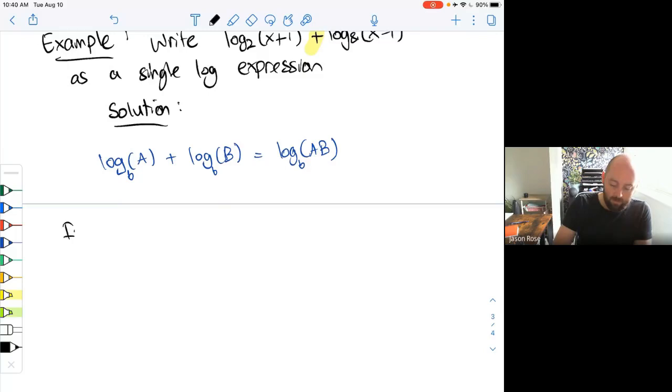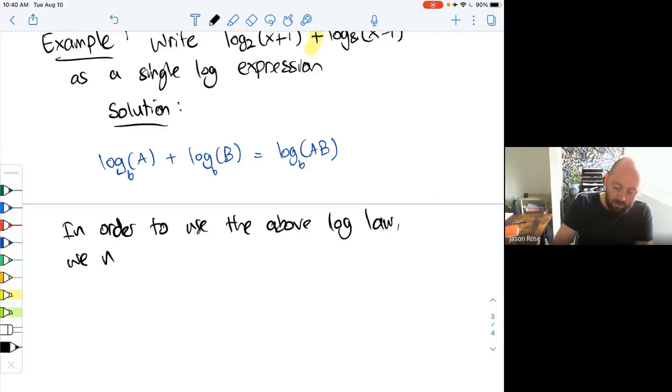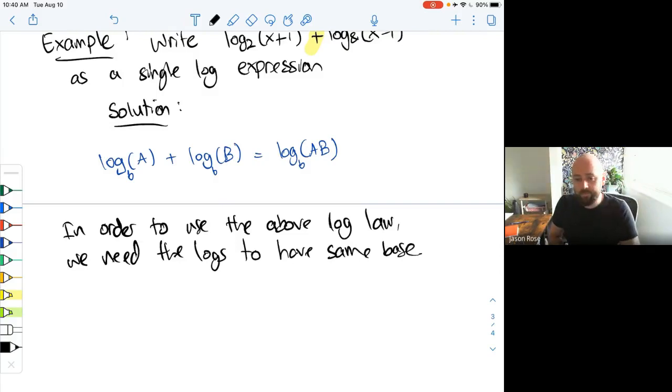So in order to use pretty much any of the log laws, but just for this case, the above log law, we need the logs to have the same base, okay? But we don't here.